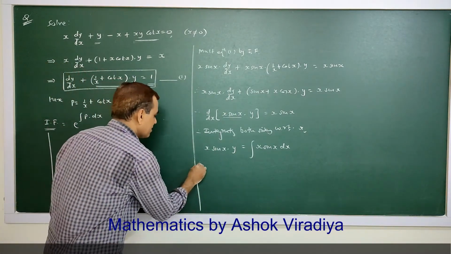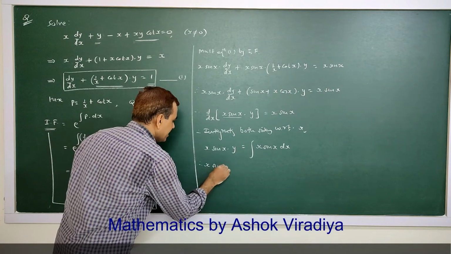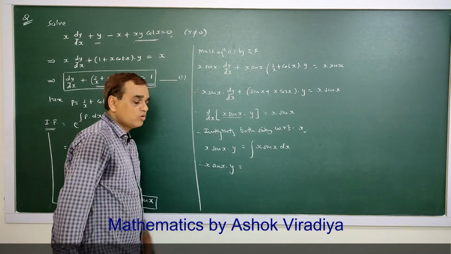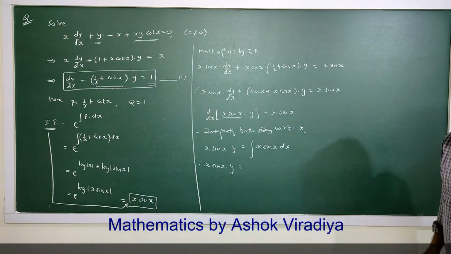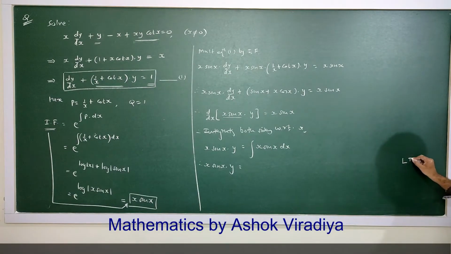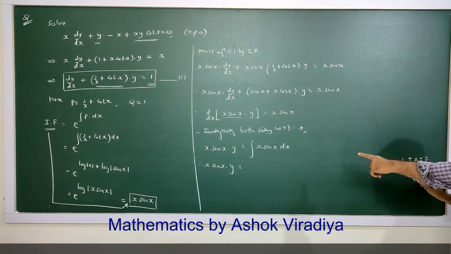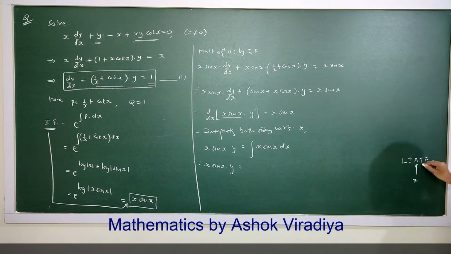So that is x sin x into y is equal to, now here the rule of integration by parts. Look at this trick, LIATE. Algebraic, x is an algebraic function, sin x is a trigonometric function. So x is on the left side, sin x is on the right side.